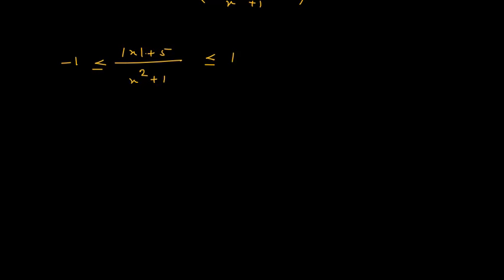So definitely this is going to be greater than minus 1. So I am much more interested in the value which is less than 1. It is surely never going to be less than minus 1. So I will say that mod of x plus 5 will be less than or equal to x square plus 1. So therefore this will give us a quadratic equation: x square minus mod x plus 1 minus 5, that is minus 4, is greater than or equal to 0. So x square minus mod x minus 4 is greater than or equal to 0.